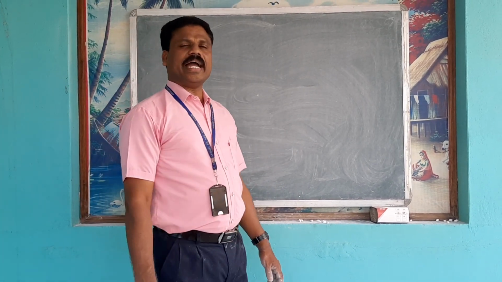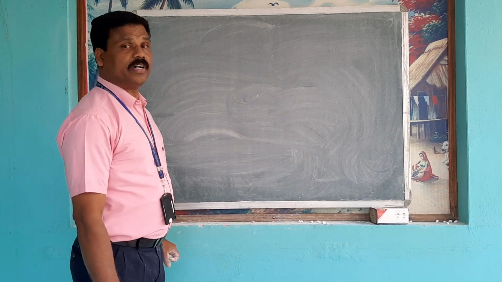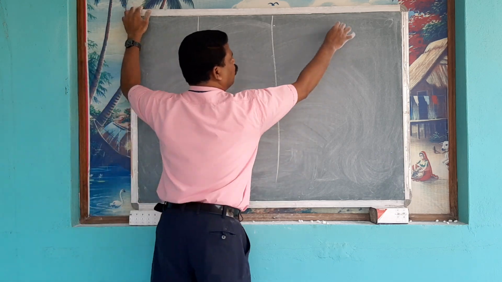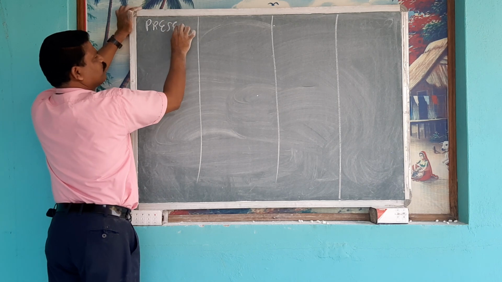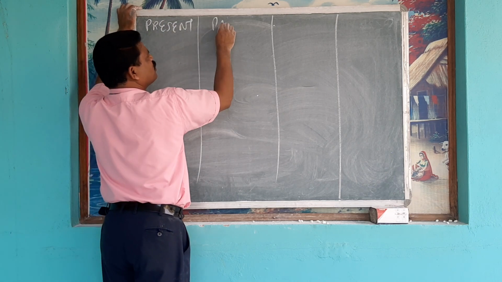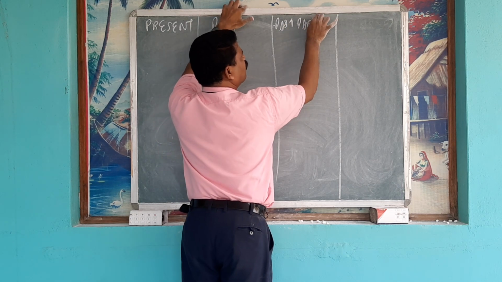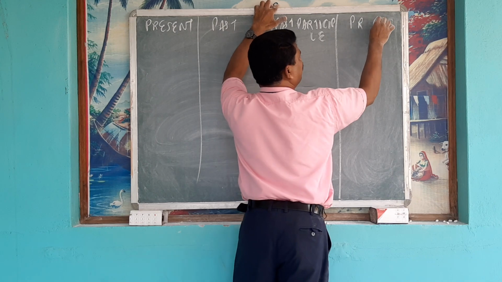Before learning active passive structure, it is necessary to learn the verb forms. A verb has 4 forms. They are present, past, past participle, and present participle.